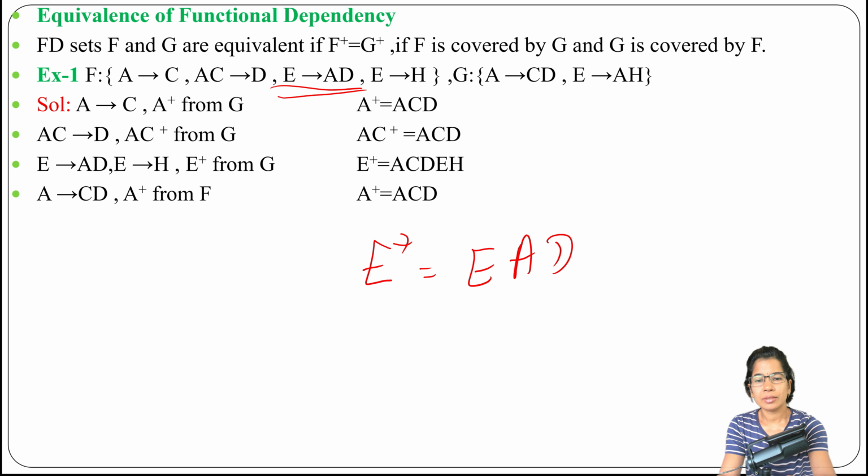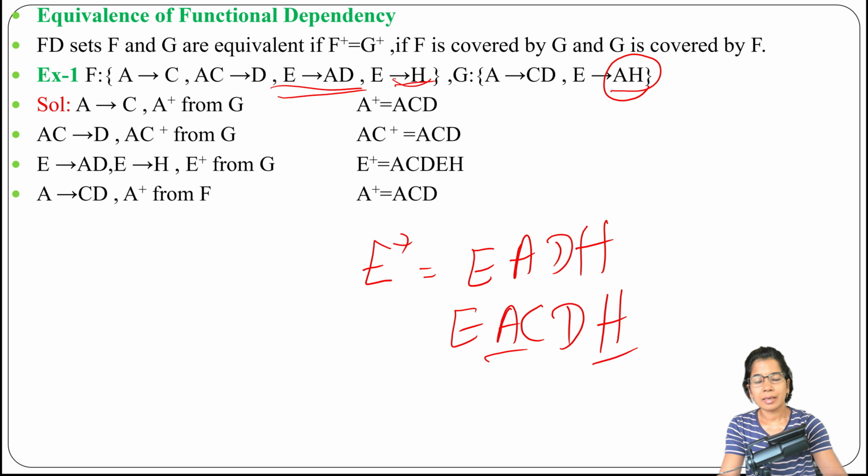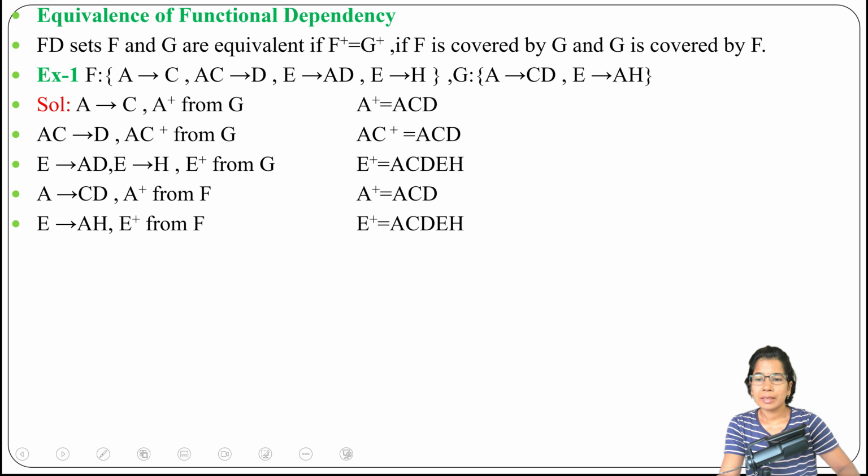From this we also get H, as E implies H, then from A, C and D. So EACDH. And here AH are on the right side, hence it holds. We can derive F from G and G from F, hence both functional dependency sets are equivalent.